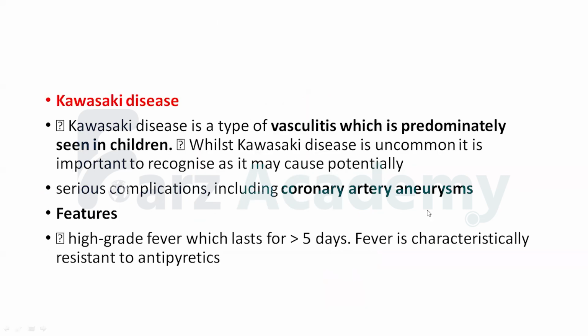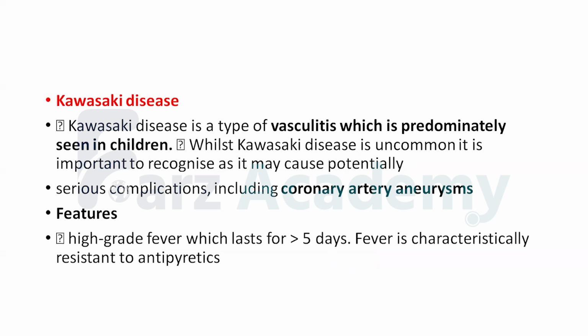So next is Kawasaki's disease, which is another type of vasculitis seen in children. Kawasaki's disease is a type of vasculitis which is predominantly seen in children. While Kawasaki disease is uncommon, it is important to recognize as it may cause potentially serious complications including coronary artery aneurysm. Features are high-grade fever which lasts for more than 5 days.